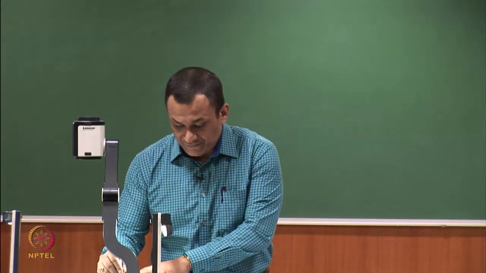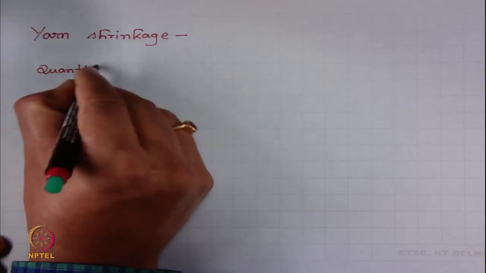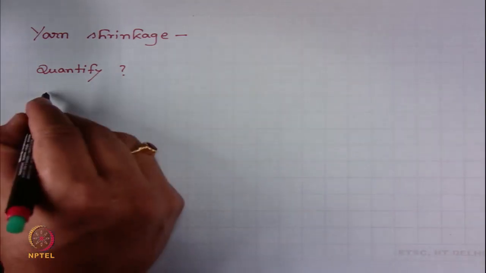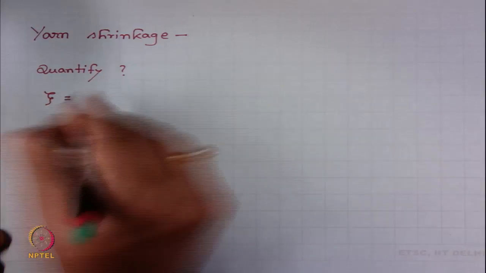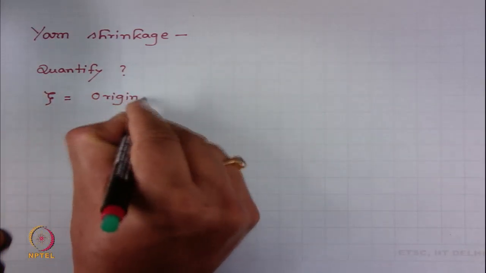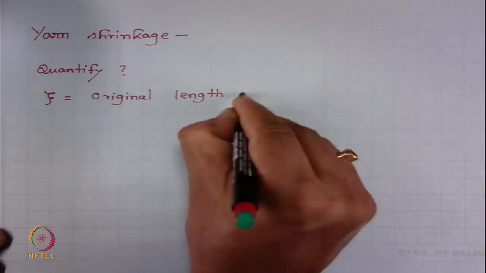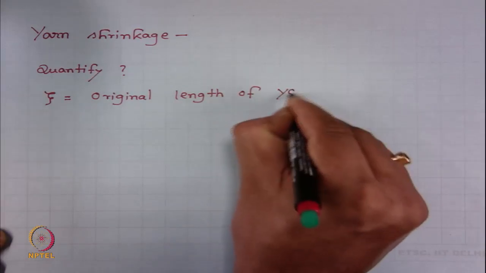How do we quantify this effect? Let us consider zeta as the original length of yarn.